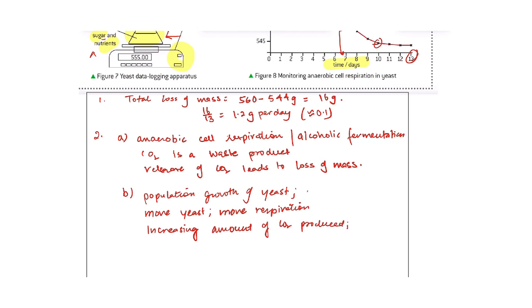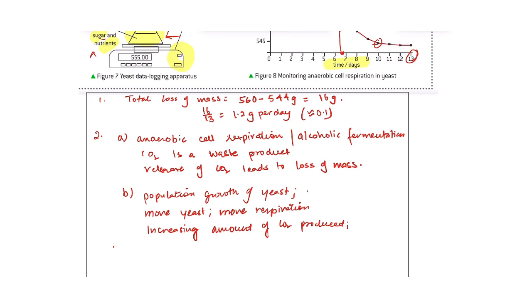So these can be 3 points. I think that is good enough for 3 points. You can go into detail, like waste heat is also produced, which is decreasing CO2 solubility. But I think these 3 points are good enough to get the marks.